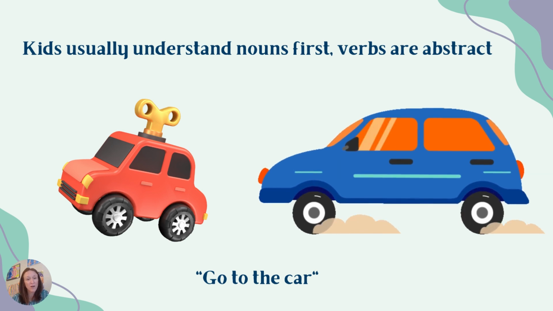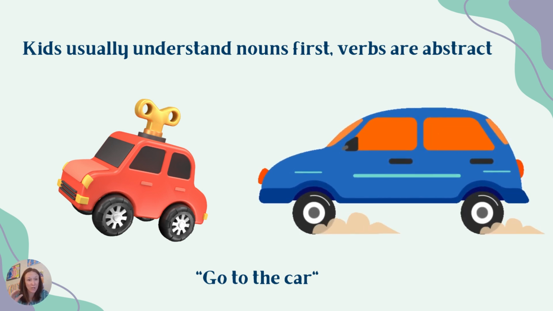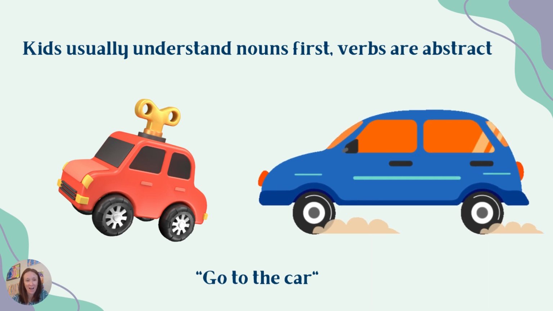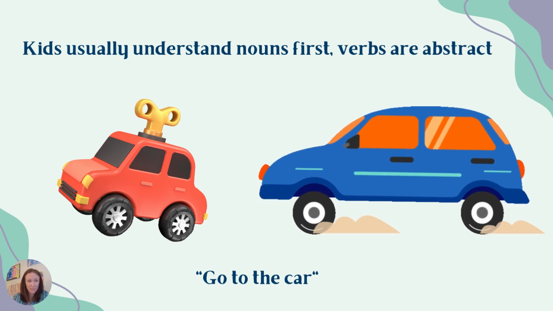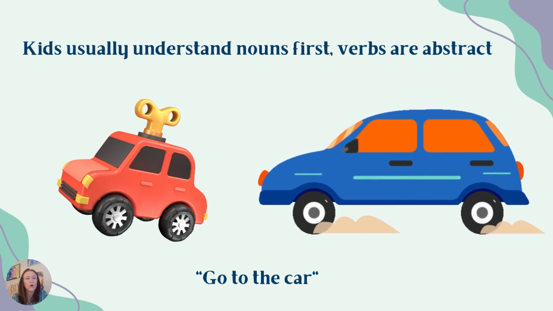But verbs are more abstract. They're really hard. So if I said go to the car and the kid processed car, they might go get their toy car. They process that noun at the end of the word. So I need to show them what go means because that will lead them to eventually realize, hey, we are going in the car that moves to go to the store.